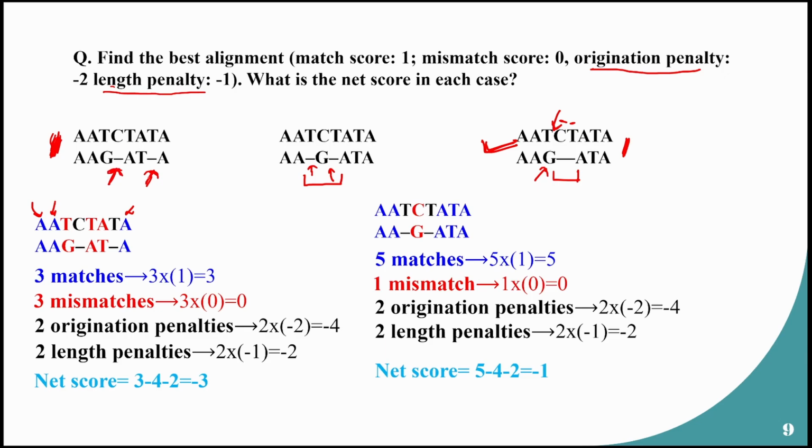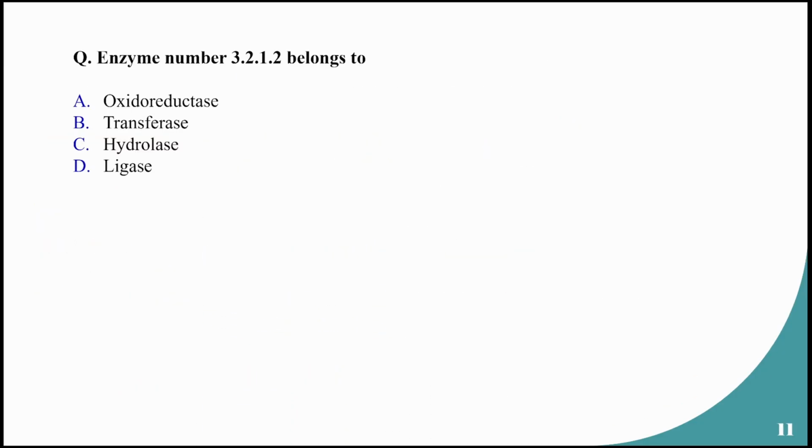So here one gap was introduced, and here another gap was introduced. So it will have two origination penalties. So this kind of introduction of new gaps is even more unfavorable than a set of continuous gaps in this case. So to penalize that particular thing in the alignment, you are introducing the origination penalty as well, right? That's the basics here.